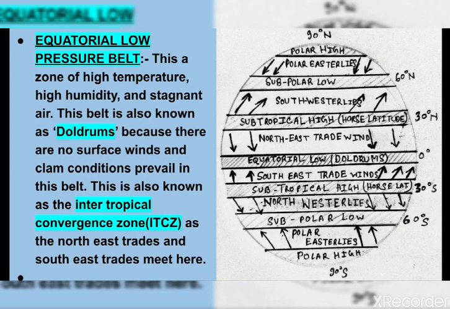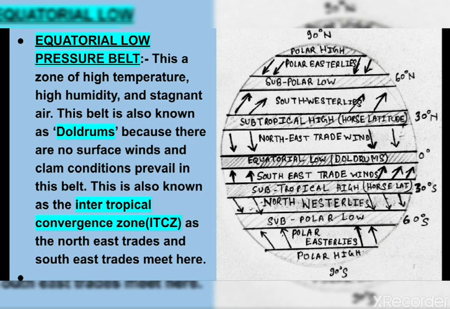Due to the vertical rays of the sun at the equator, the temperature here is high throughout the year. The heated air, being light, rises up towards the tropics, forming an area of low pressure. The equatorial low pressure belt extends from 5° north to 5° south latitudes, as we learned earlier.